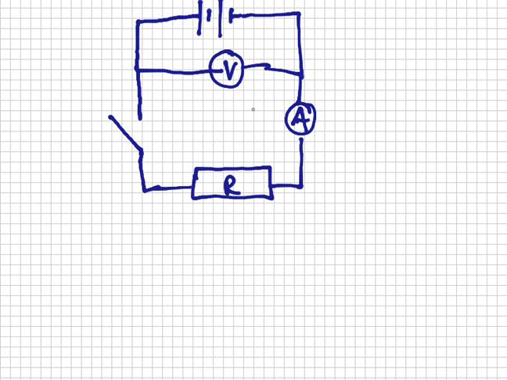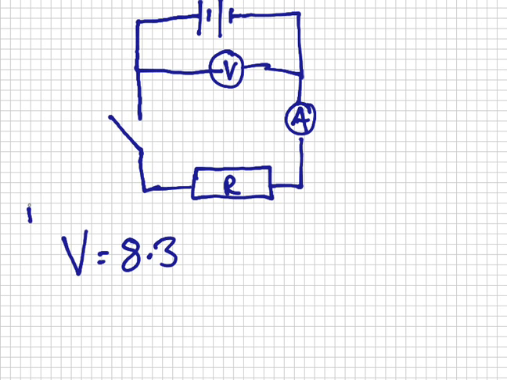When the switch is open, there's only the voltmeter on the battery. Okay? So, what does the voltmeter read? It says 8.3.